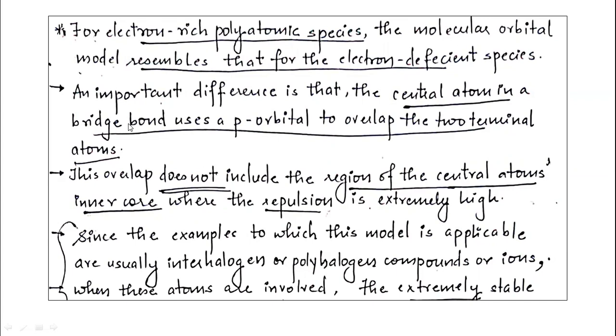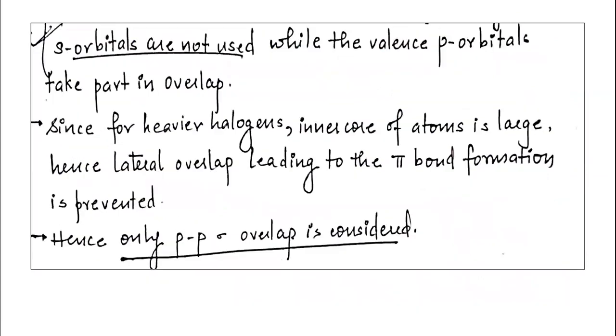Okay, so this triiodide ion is a stable molecule. In the triiodide ion, only pp sigma overlap is considered.